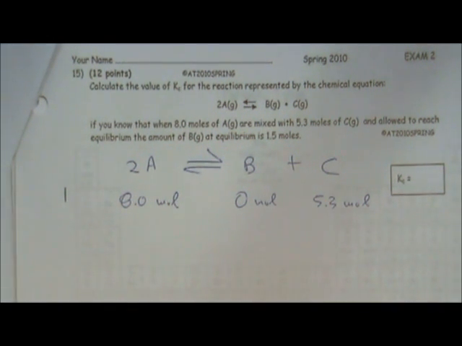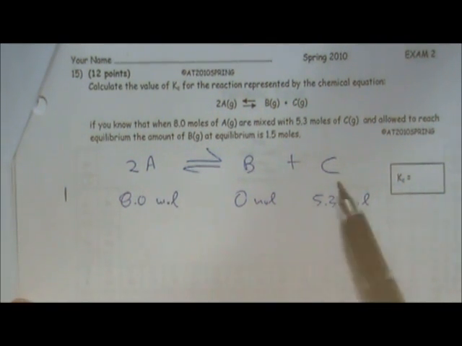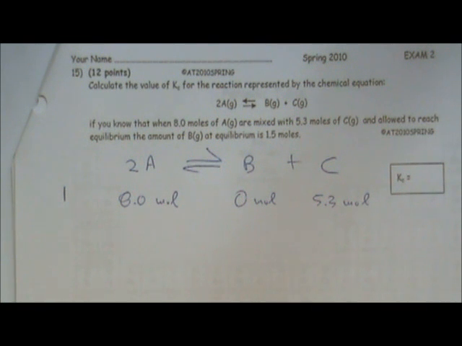Now, we want to find Kc. That means we need the equilibrium concentrations of these species, the concentrations when the system reaches equilibrium. Apparently the system is not at equilibrium. Why? You can calculate Q. Q is going to be this times that divided by that. Q is 0, right?